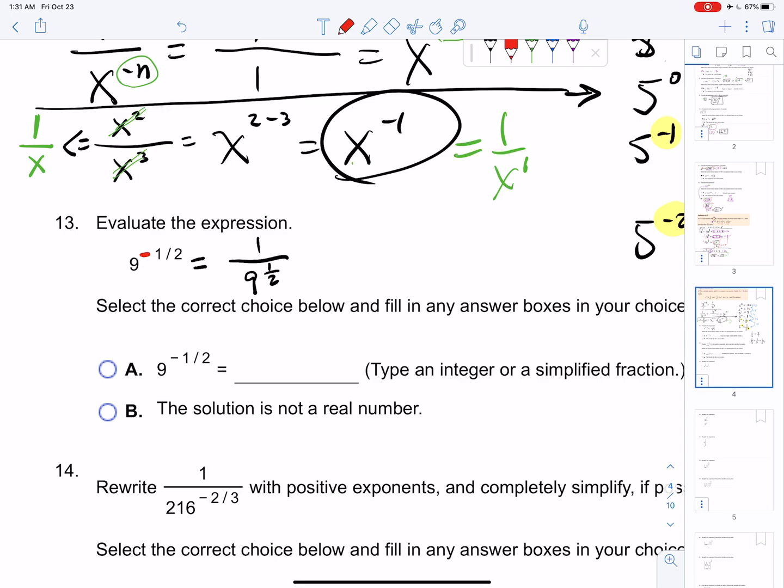Now deal with that rational exponent. Can I write it as a radical? The base is 9. We can see the denominator, so the index is 2. The power is 1, so we don't have to show that. And we know that the square root of 9 is just 3. So this answer is 1/3.